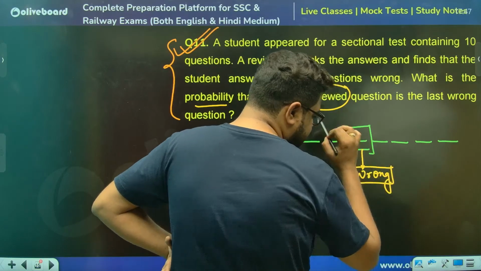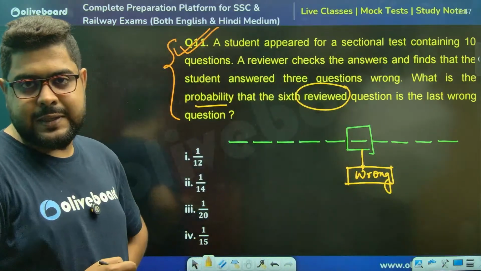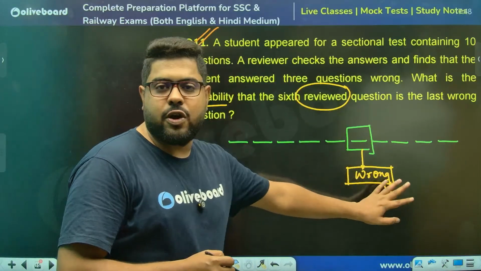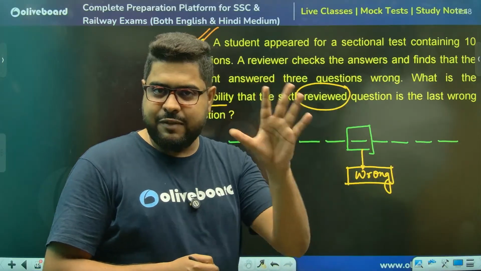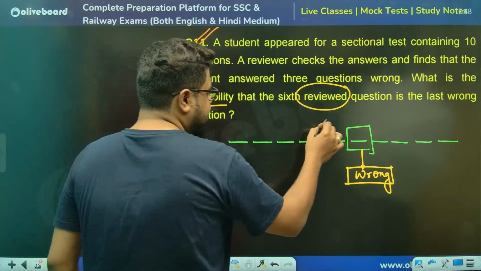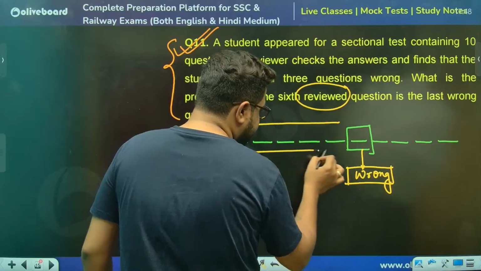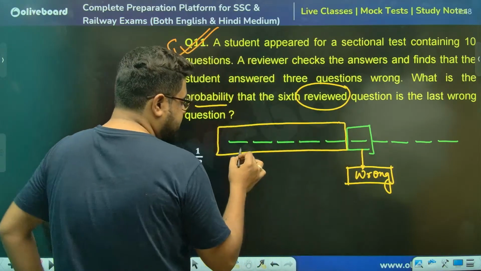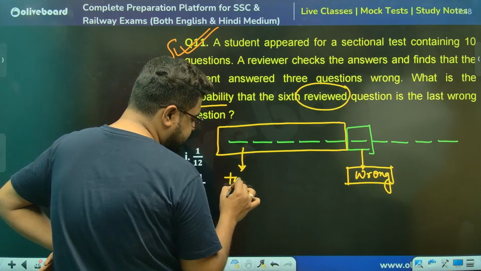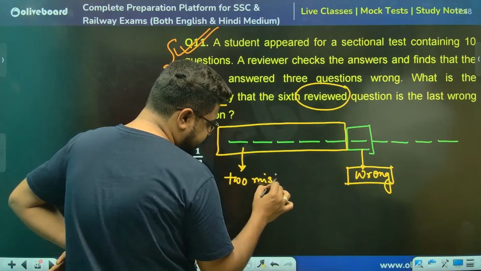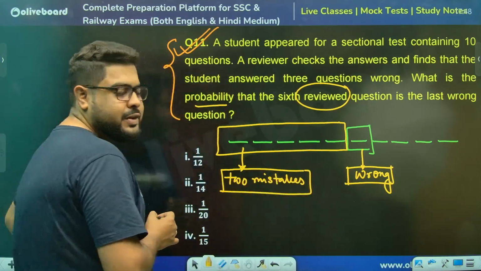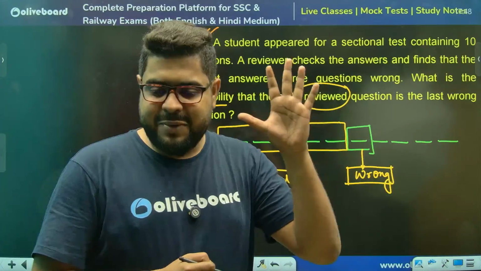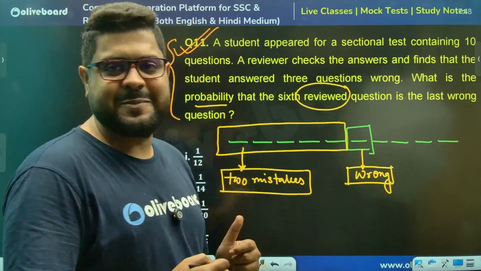If this is the last wrong, that means the previous 2 mistakes must have been made in the first 5. The first 2 mistakes must have happened over here.